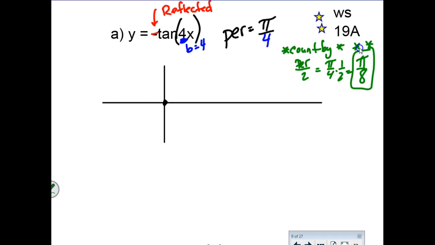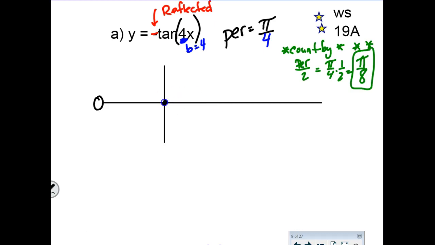Good news though, you get to start at 0. It doesn't say, so let's just assume they want like 2 cycles, because on your test it's going to ask you for 2 cycles. As far as marking up the vertical axes, the midline is the only thing you have to mark for me. So since there's no vertical shift, there's like a +0 here. The midline is at 0, so that's where all the intercepts will be located.